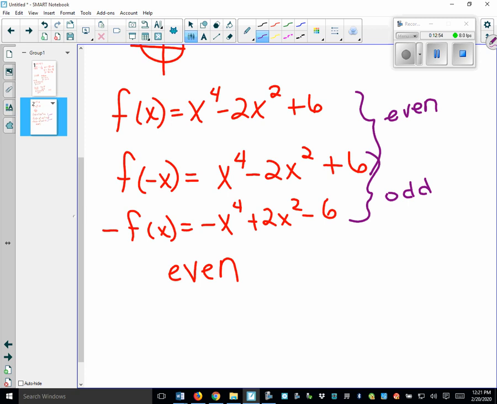What I told you last time was if f of x equals f of negative x, it's an even function. If neither of those happens, it's neither. Okay with even and odd? Yes, we knew that.